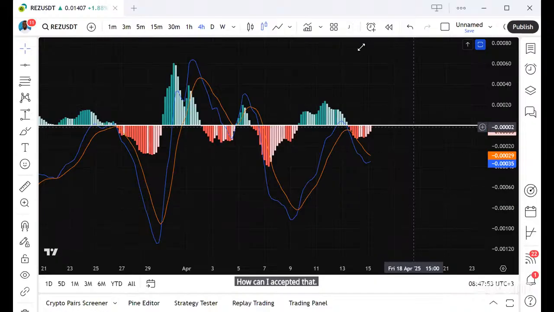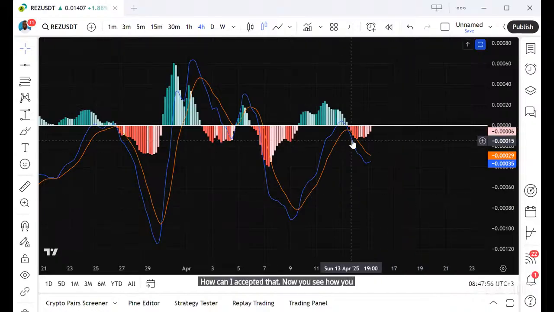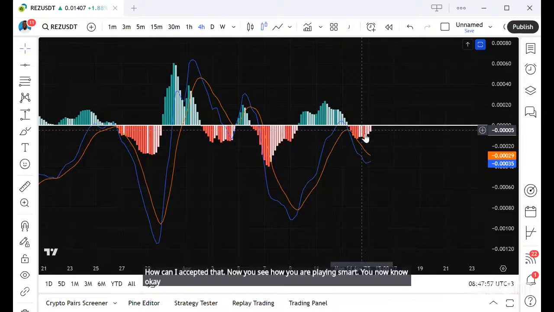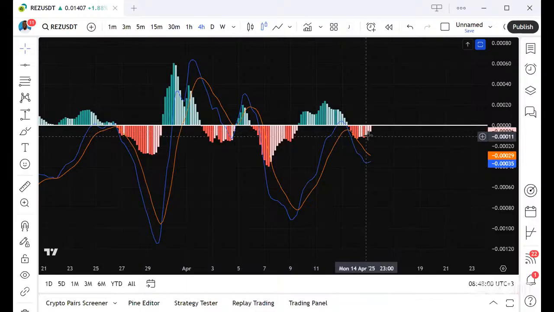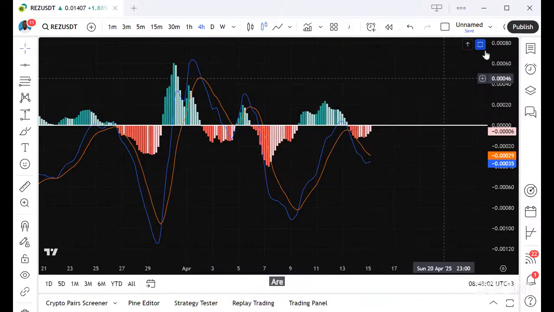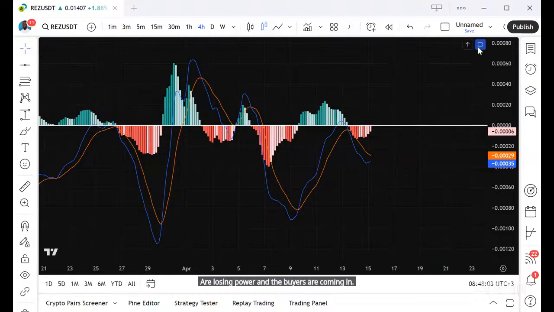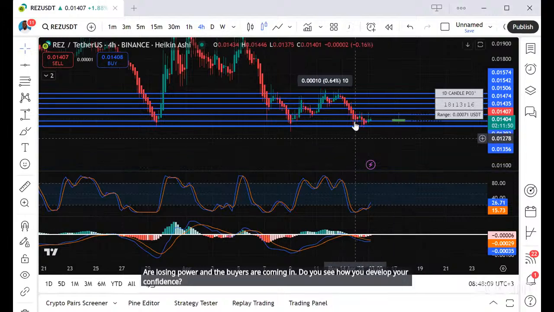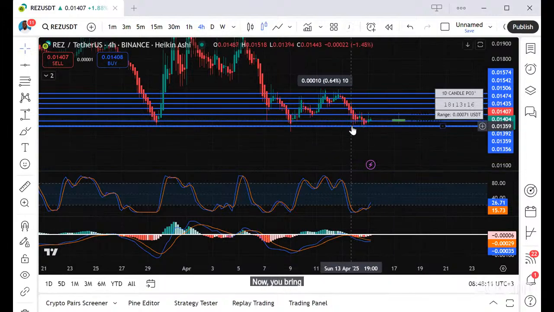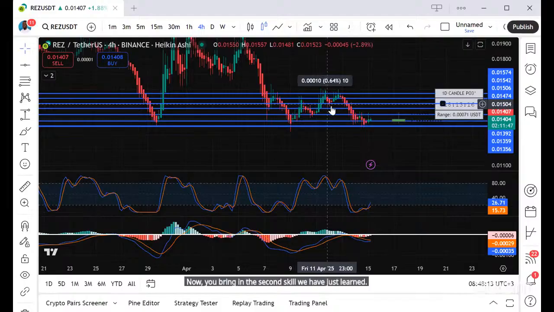Now you see how you are playing smart. You now know, okay, the sellers are losing power and the buyers are coming in. Do you see how you develop your confidence? Now you bring in the second skill we have just learned, connecting points together.